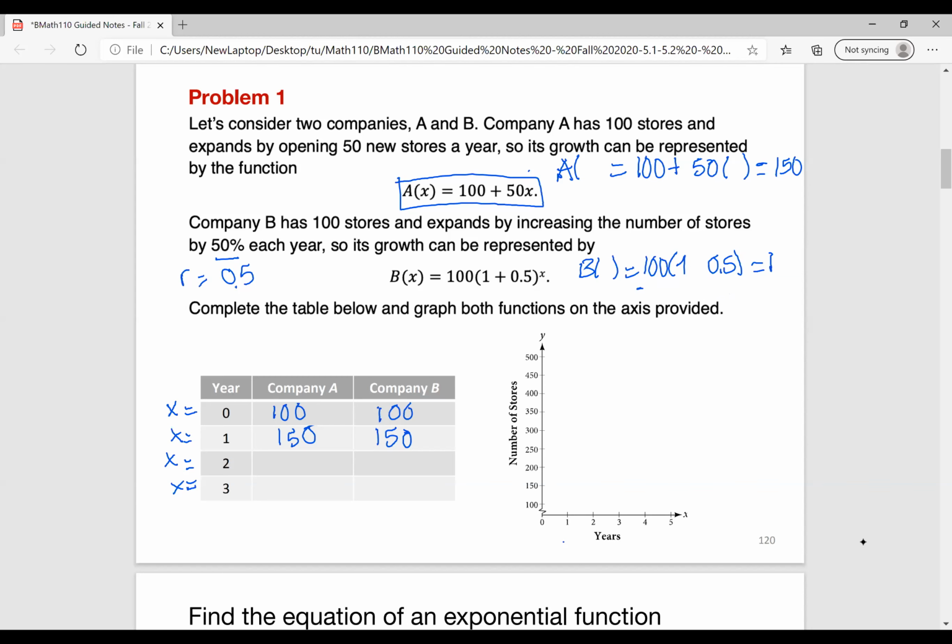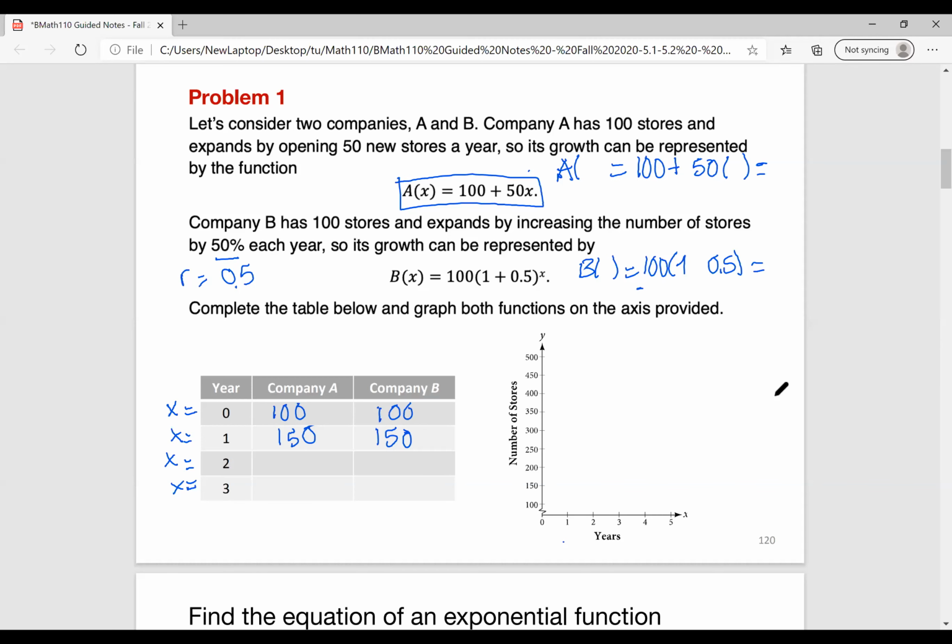Okay. So let me write down the answer for you instead of calculating step by step. For community A, when x equals 2, it's going to be 200, because you have 100 plus 50 times 2, which is 100 plus 100.